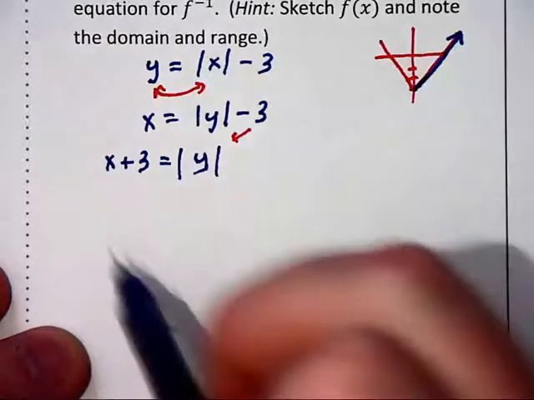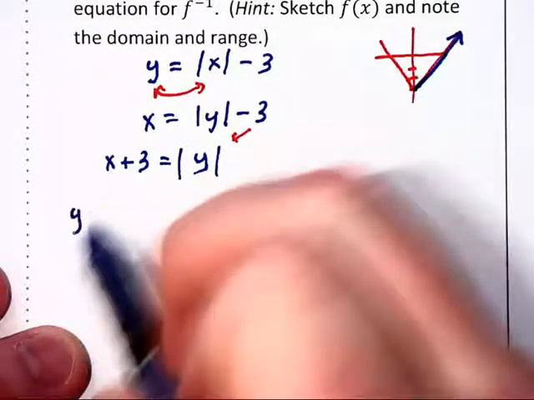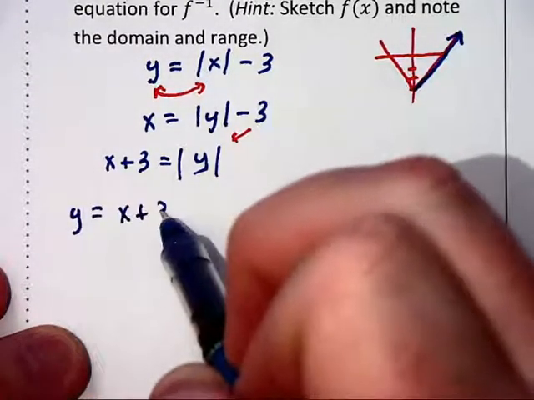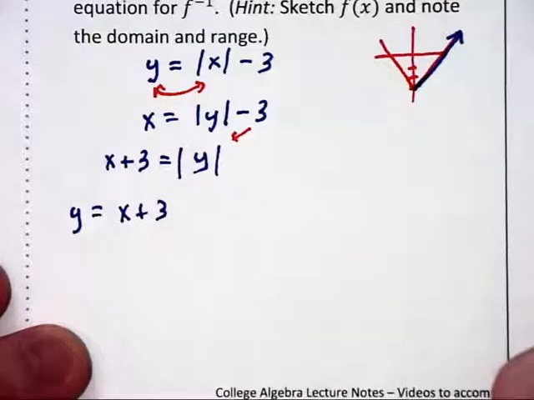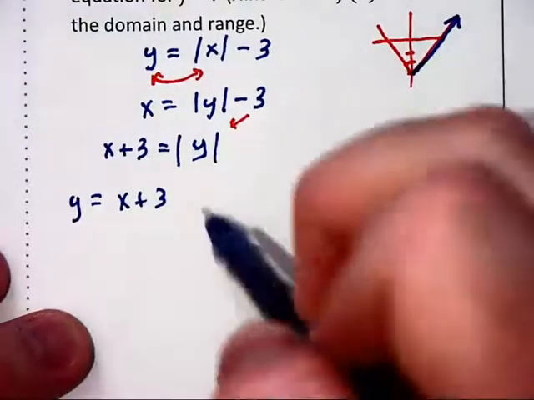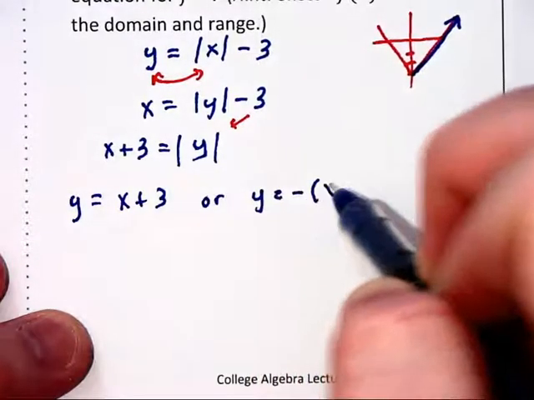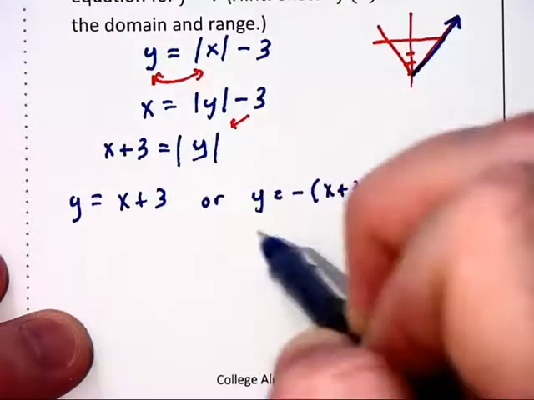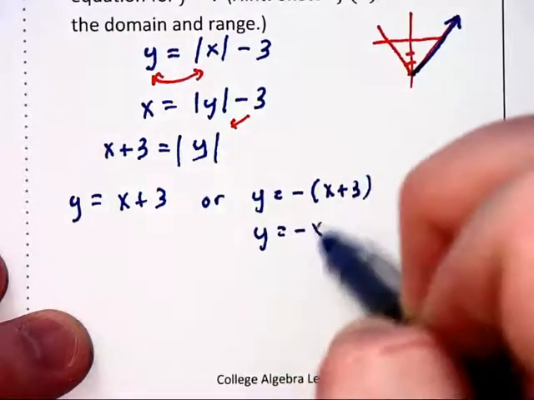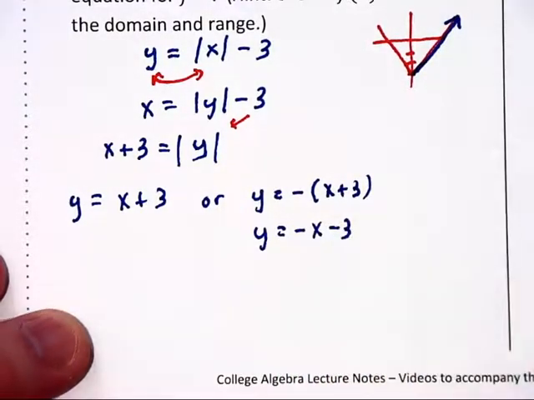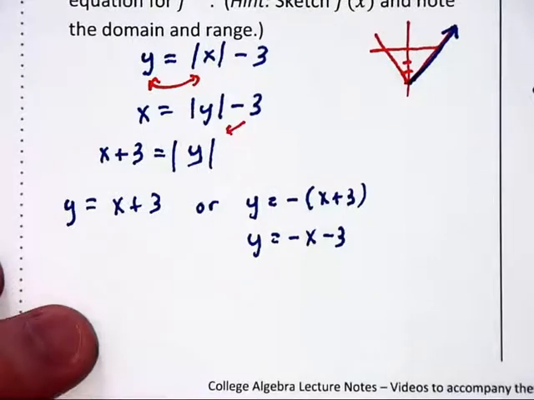Removing the absolute values, we're going to have either y equals x plus 3, which means the absolute value really served no purpose, or y is equal to negative the x plus 3, also written as y equals negative x minus 3. Now let's take a look at both of these options.